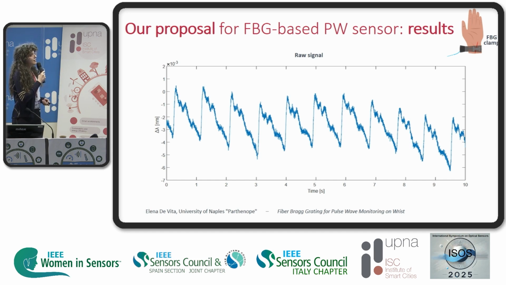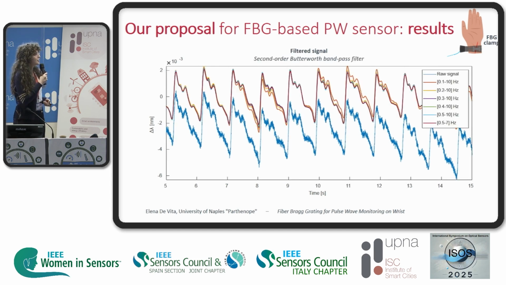And this acquisition allows us to discuss another key point for pulse wave monitoring, which is filtering and the post-processing of the signals, because it has a strong impact on the analysis that we want to do. We need to properly filter the signal to have the content specific for the pulse wave phenomenon.